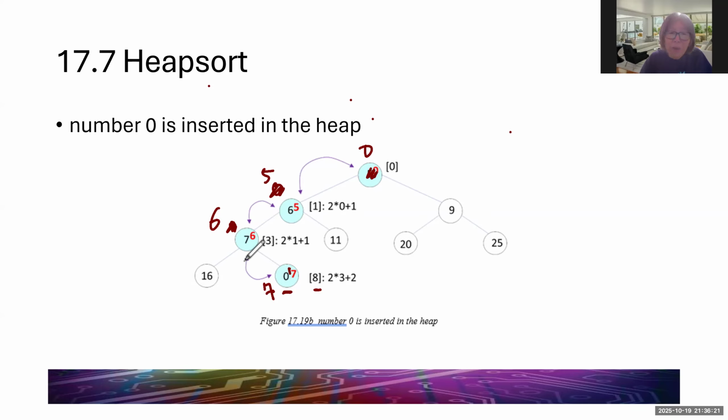So after we do the insert, we need to recheck each of the subtrees to meet the min heap requirement. This kind of operation we call heapify, to maintain its min heap requirement. So that's how we do insert.